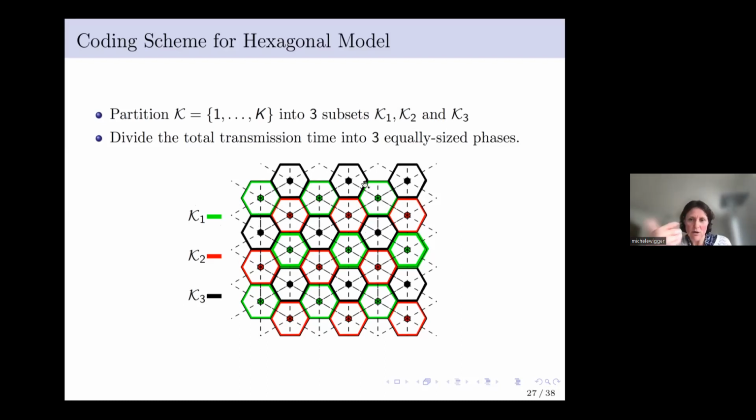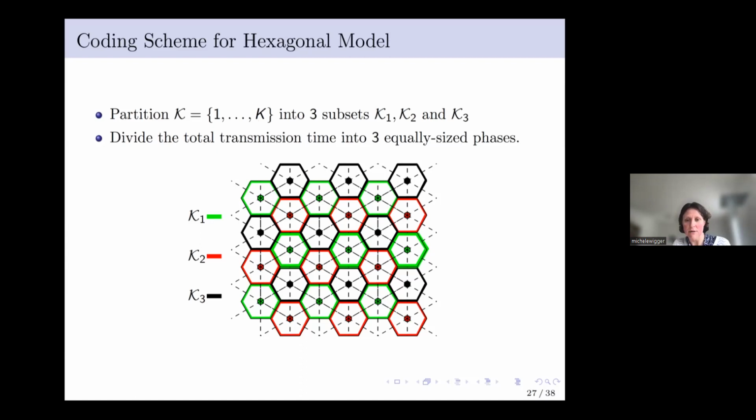Of course, because we're going to schedule the fast either in the green, the black, or the red, and because most likely all 3 colors are going to have fast, we'll need to do time sharing again. This is why we divide the total transmission time into 3 equal phases. In the first phase, the green can potentially send fast.